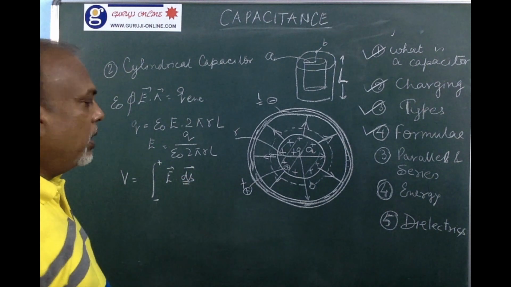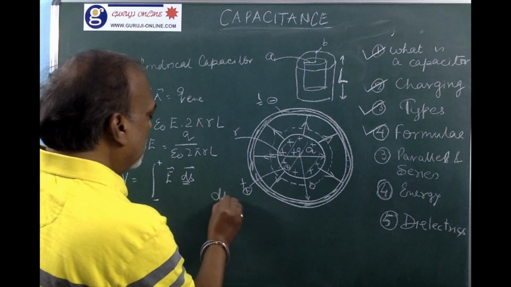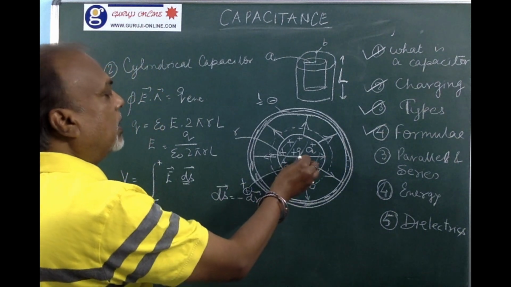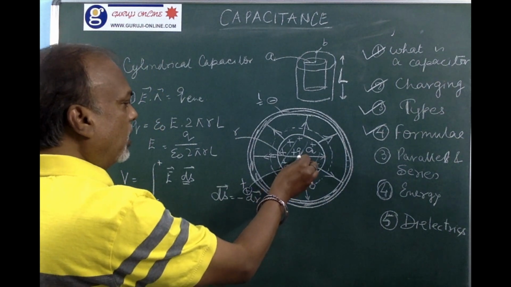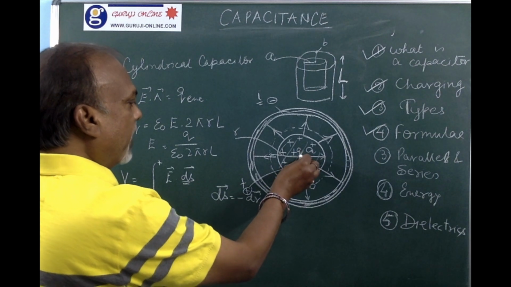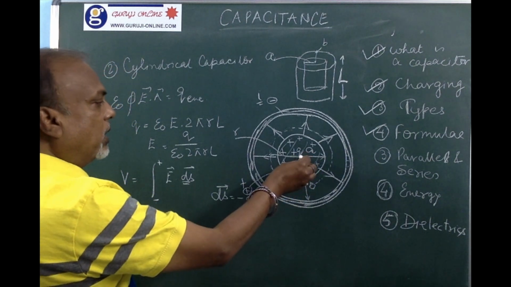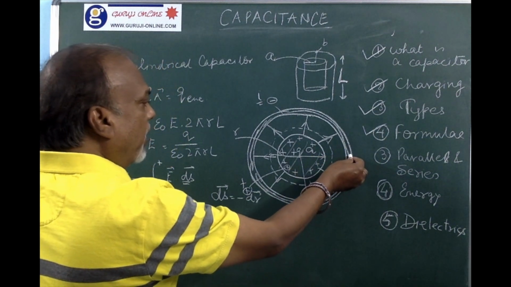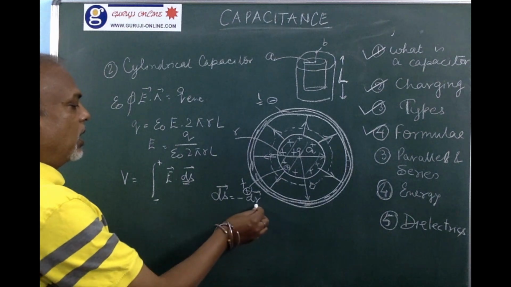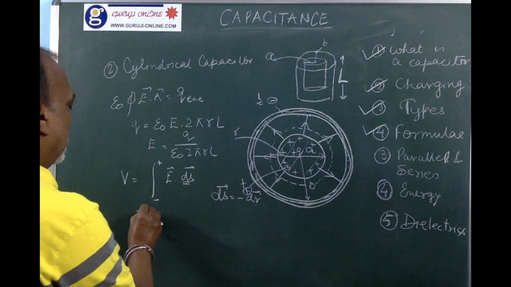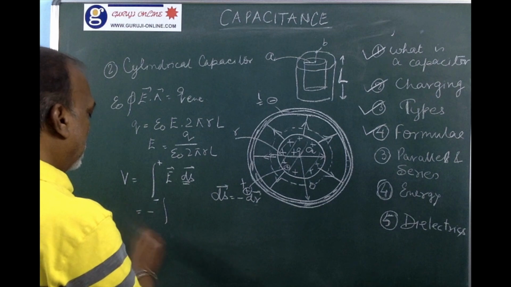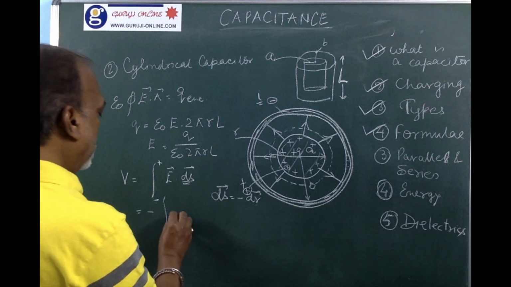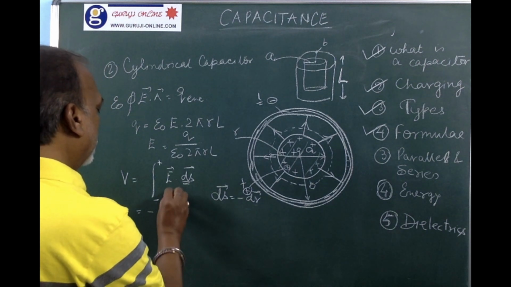Here ds is nothing but minus dr, because this is opposite to the radial direction. The radial direction is like this, and we are taking from minus to plus, so naturally there is a minus. The limits are from B to A.